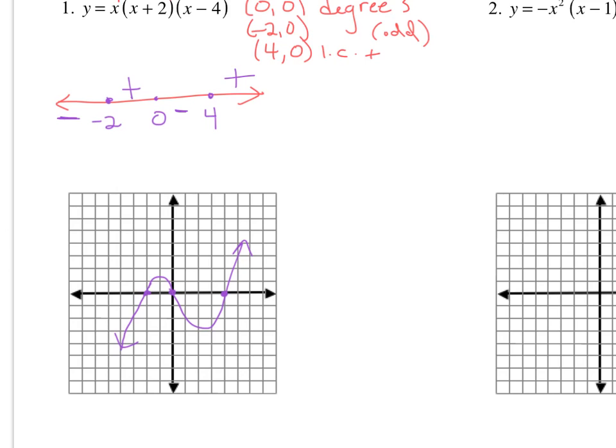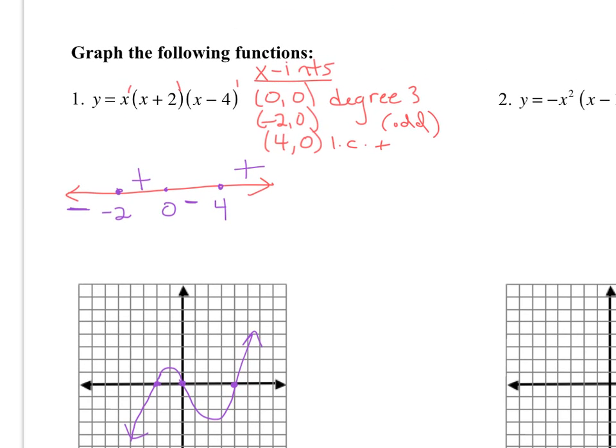Now, I'm going to give you a way that if you're not certain about the pluses and minuses, you can always figure it out. I'm going to take a look at this original polynomial and circle a section. Say I'm not quite sure what sign I'm going to put here between 0 and 4. You can choose any x value between 0 and 4.